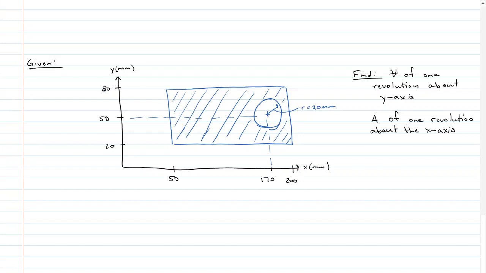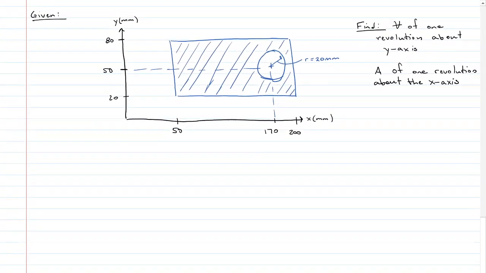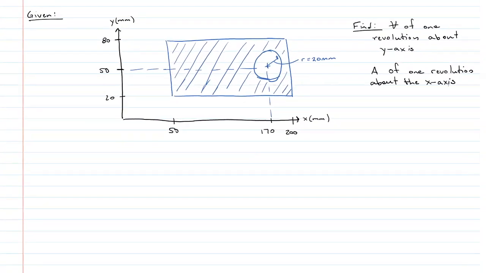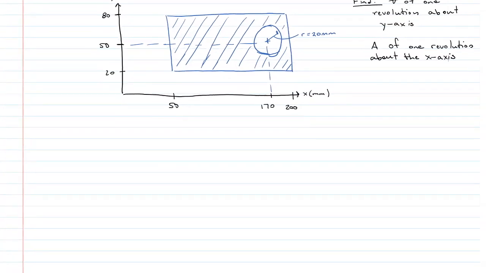And this time I'm going to do it in components instead of the composite body. In the last example I did composite body, so I did the whole centroid for the whole body. This one I'm going to do in two parts, the rectangle and the circle.